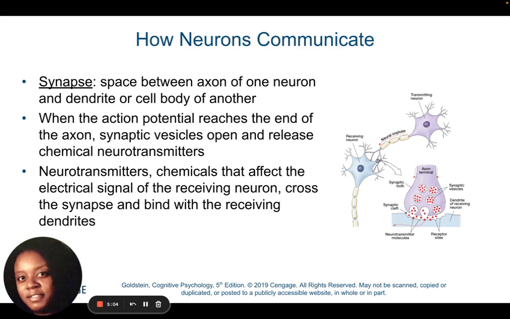When an action potential reaches the end of the axon, the synaptic vesicles open up and release neurotransmitters, which are the body's natural chemicals that are constantly transmitted through the body, and they go on to the receiving dendrite of another neuron.